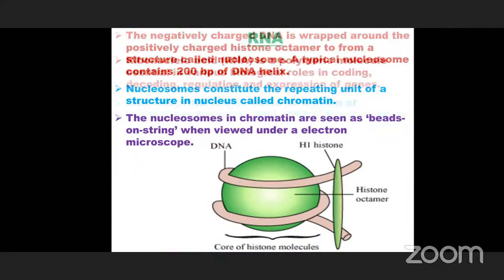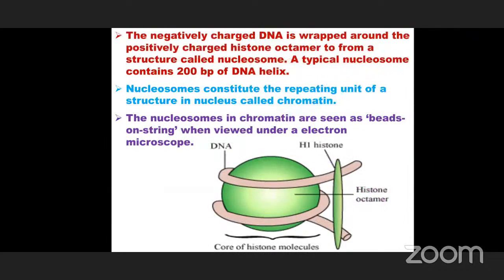So it is about packing of the DNA. In the case of eukaryotes, chromatin is of two types, euchromatin as well as heterochromatin. Euchromatin takes less amount of stain and appears light in color.